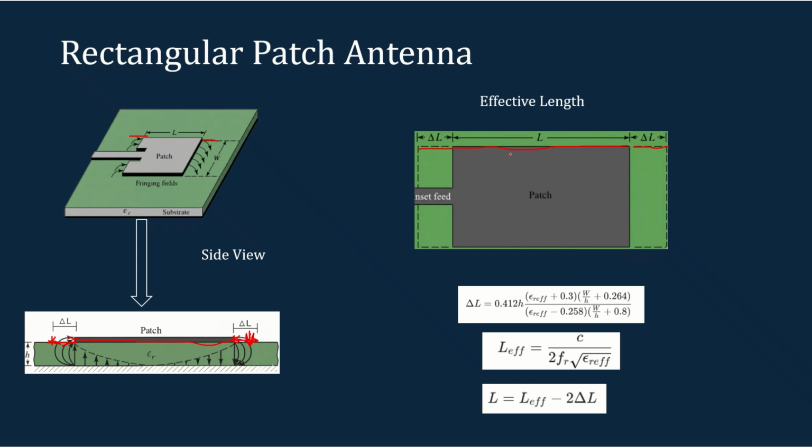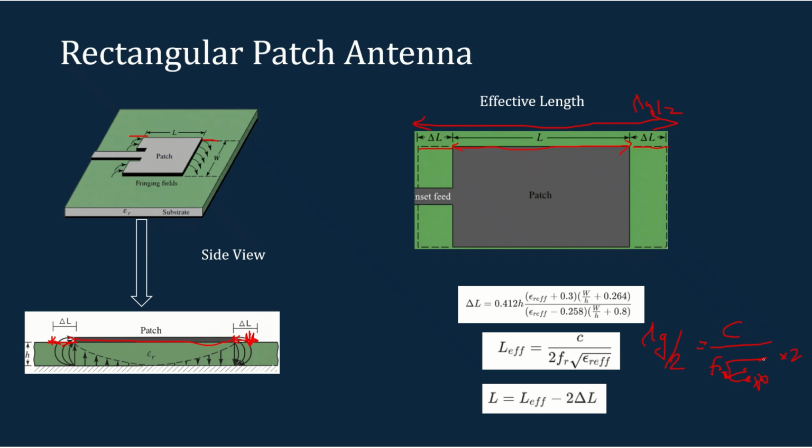If we have to design the patch antenna, we only have to calculate L. This is the total effective length, which corresponds to lambda g by 2. So the effective length is given by lambda g by 2, where lambda g is equal to c by fr into root of epsilon effective.